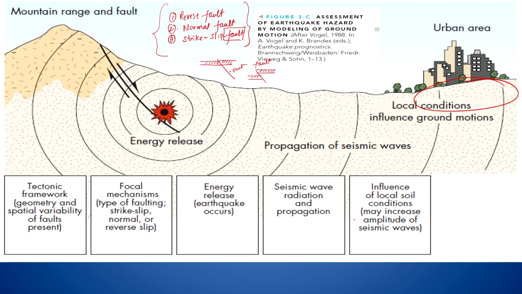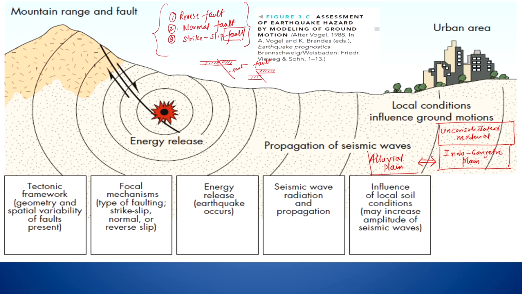As I told you, if you are having loose material, what you call unconsolidated material, this is very common if you go to the Indo-Gangetic plain, and that is what we call the alluvial plain.